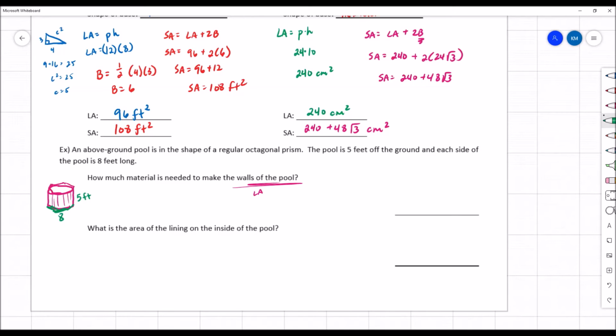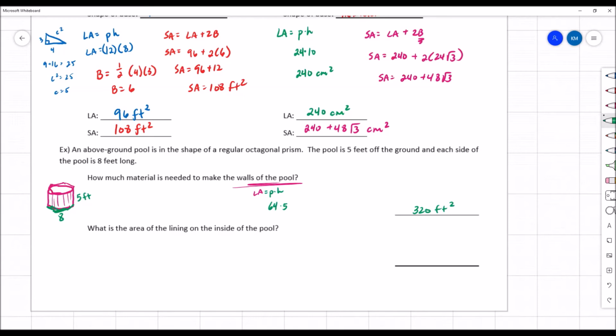Our perimeter is 64. So the lateral area of this figure is going to be 64 perimeter times 5 height, and that gives us 320 feet squared. We need 320 feet squared of wood to make the walls of the pool, answering this question.